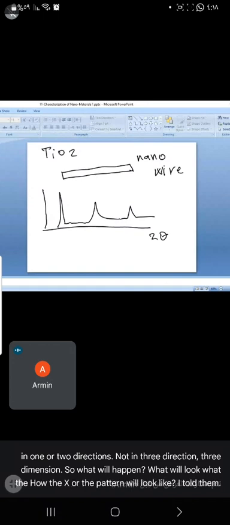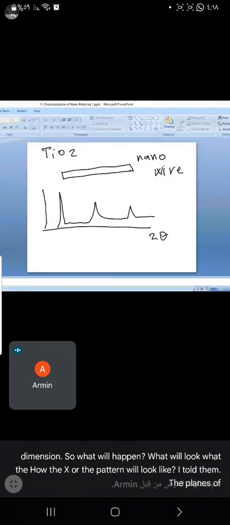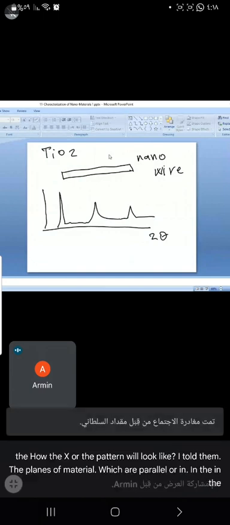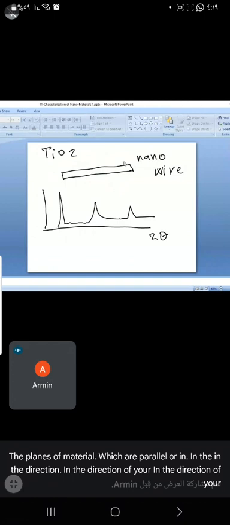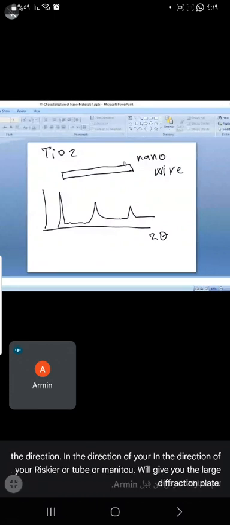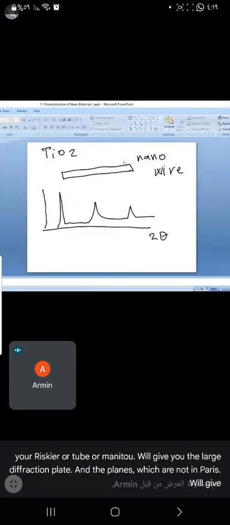I told them the planes of the material which are in the direction of your whisker or tube or nanotube will give you the sharp diffraction peak, and the planes which are not parallel will give you the wide diffraction peak.